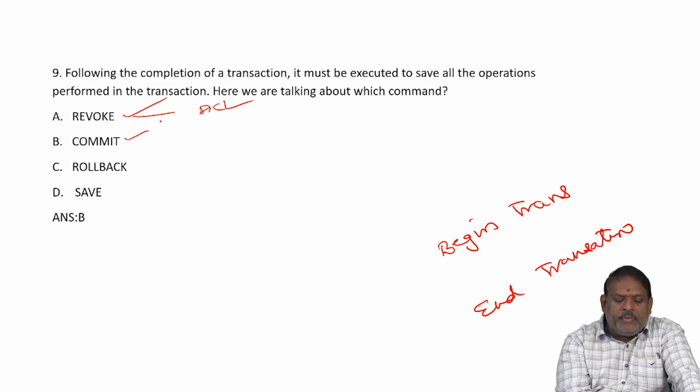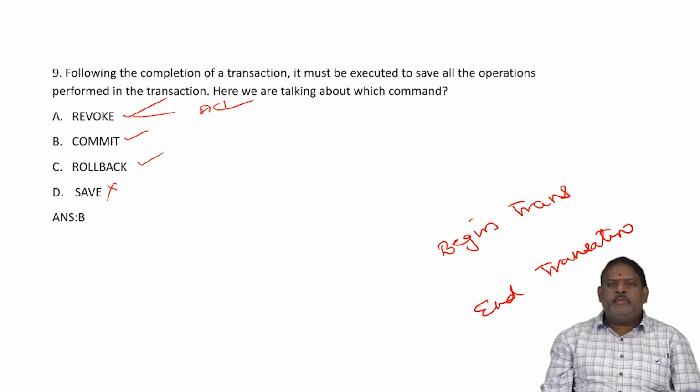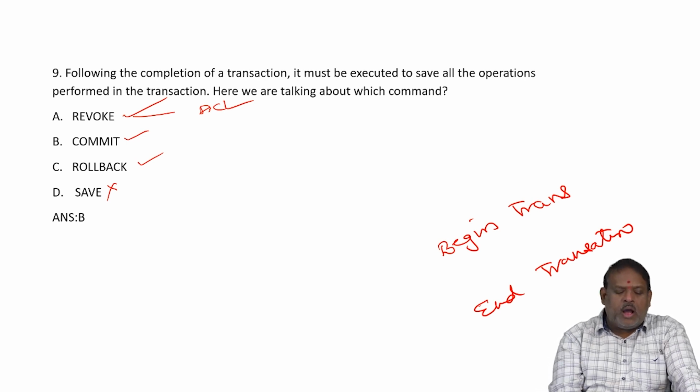Commit is the command to save the data to the database. Rollback is to undo the changes. Then there is nothing called save in the database. There is no command by the name save. The option available to us is commit.